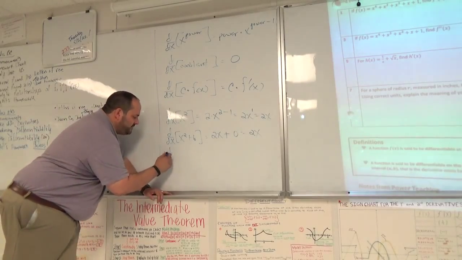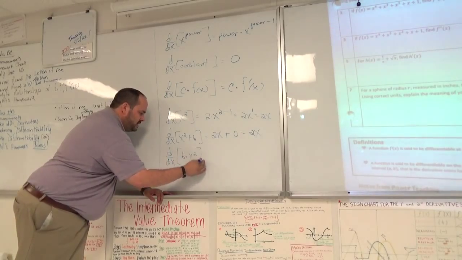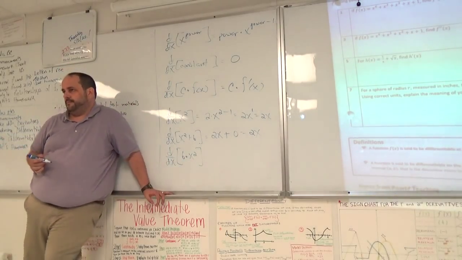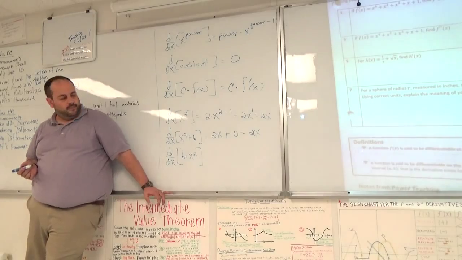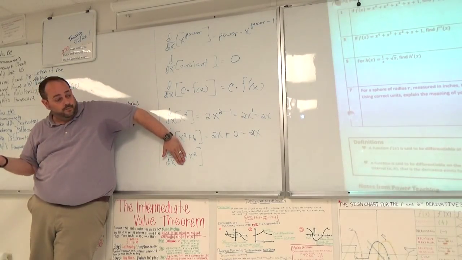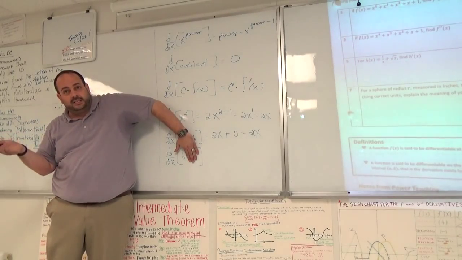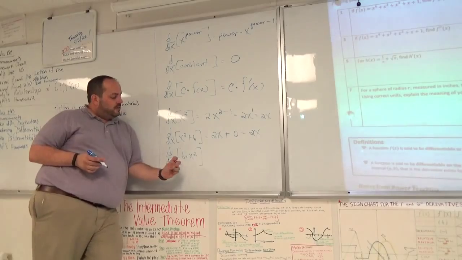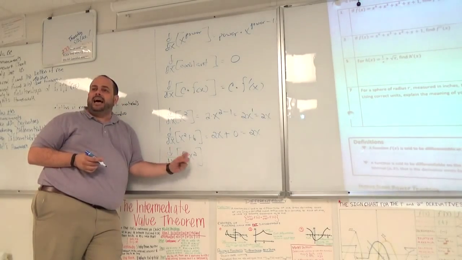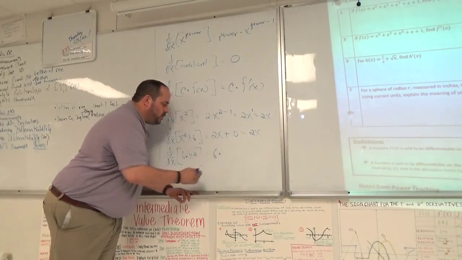This is the one that messes everybody up. The derivative of 6 times x squared. Derivative of x squared, everybody knows, is 2x. The derivative of just 6 is 0 because it's a constant. But when you are taking the derivative of a constant times a function, you ignore the constant.